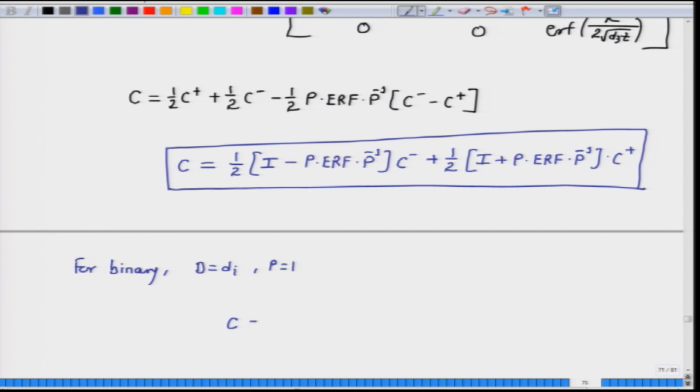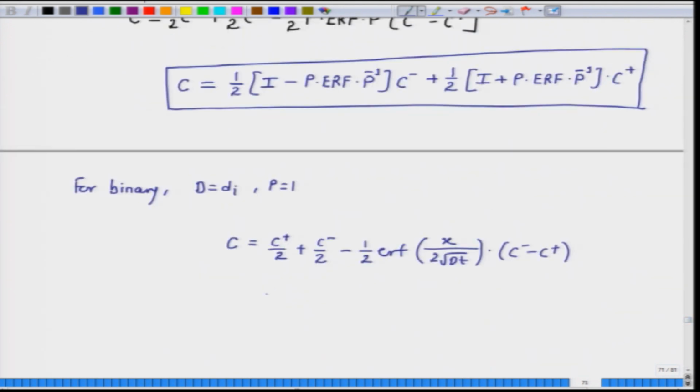C is equal to C plus by 2 plus C minus by 2, minus 1/2 error function x over 2 root dt times C minus minus C plus. If we rearrange the terms, we get the more popular form: C minus C plus over C minus minus C plus is equal to 1/2 times 1 minus error function x over 2 root dt.